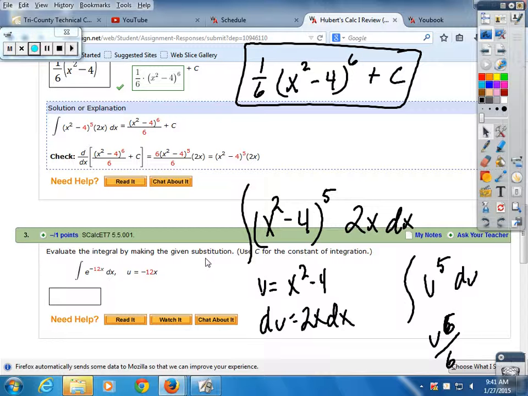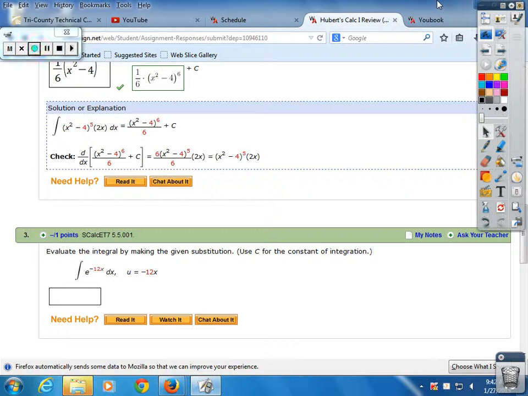The antiderivative of e to the negative 12x dx, and they even give you a hint. u is equal to negative 12x, so du is equal to what?